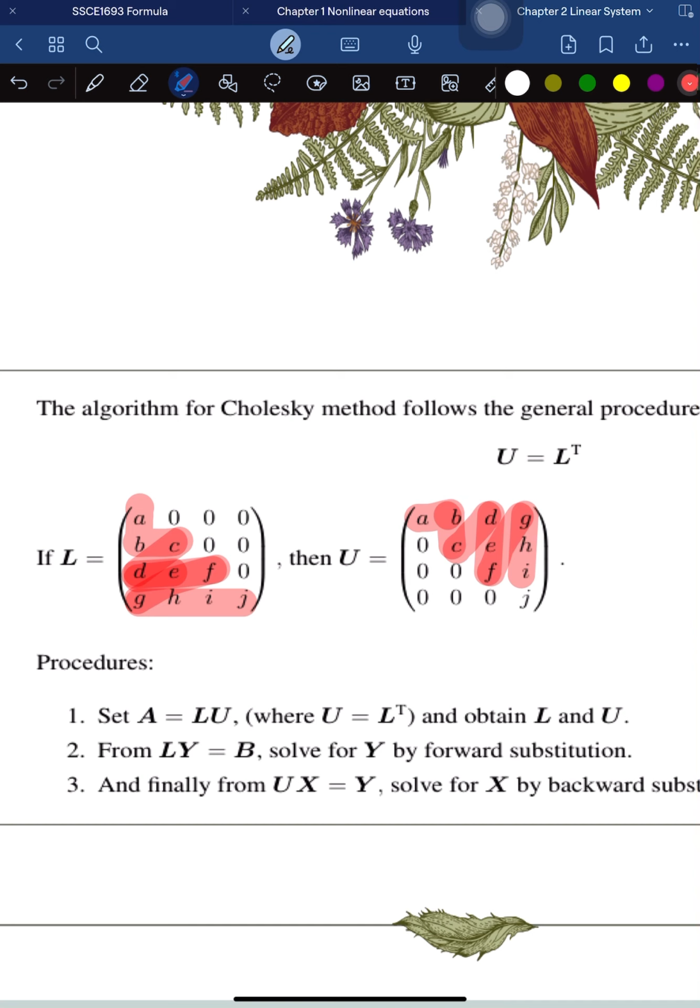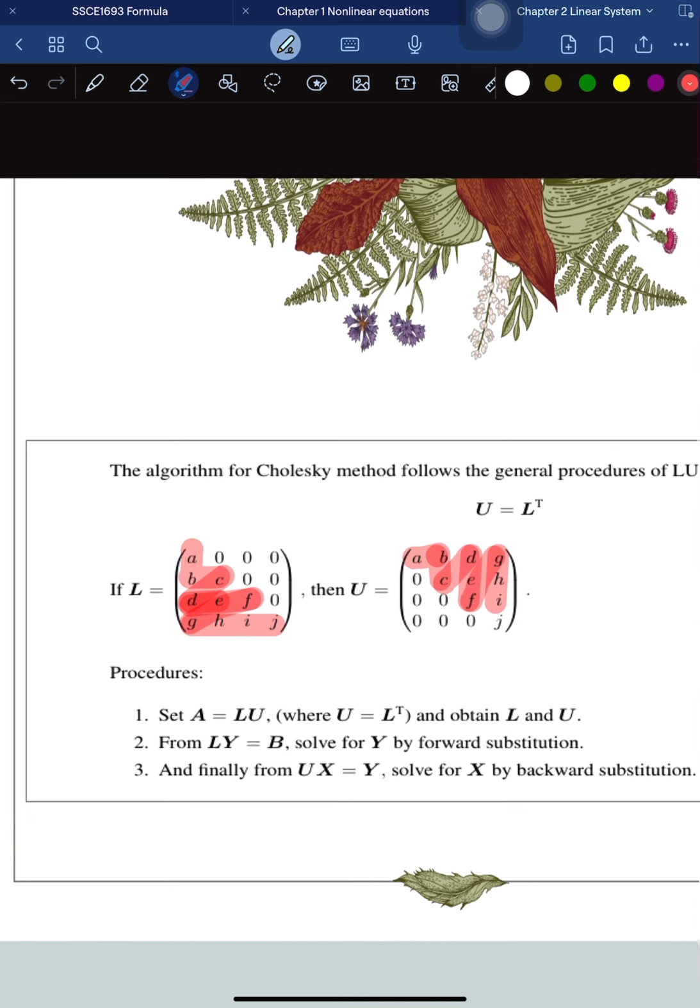Then similar to Doolittle, we find the value of y and then find the value of x by using Ux equal to y.